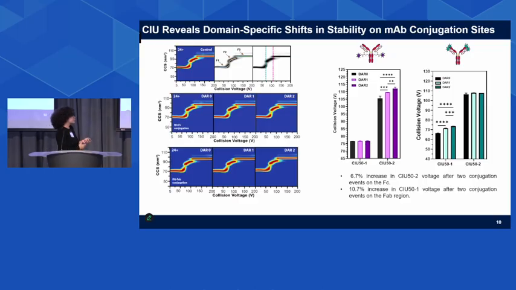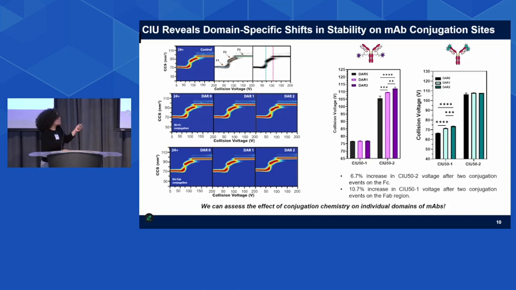And this is really exciting to us because we're looking at molecules that have basically the same molecular weight and the same amount of conjugation. We're just varying the locations of these conjugations, and we were able to see that by using CIU and looking at where this changes in stability, we can probe the location of the conjugation on the mAb.